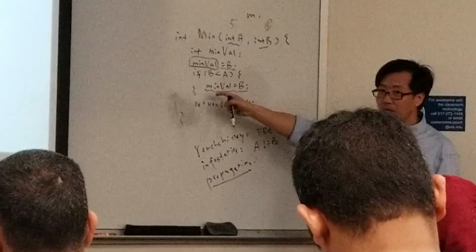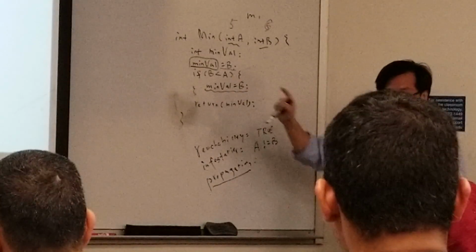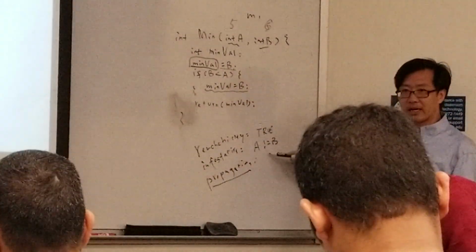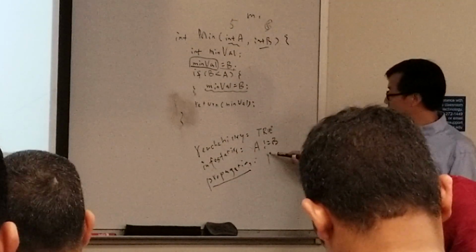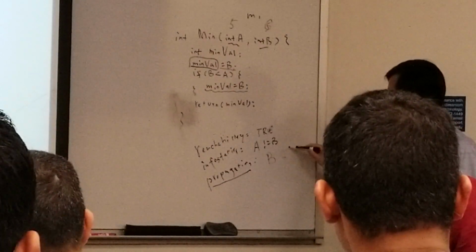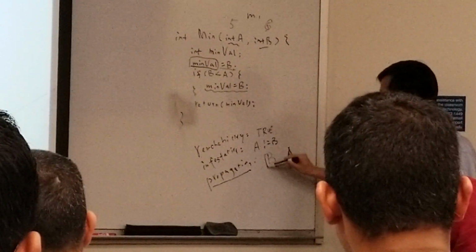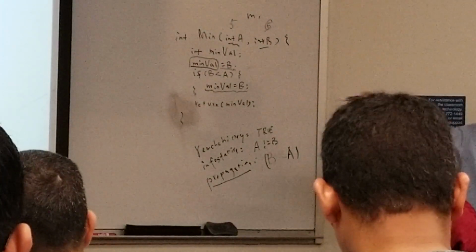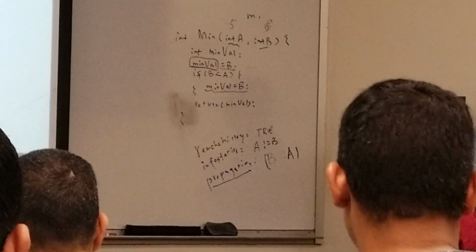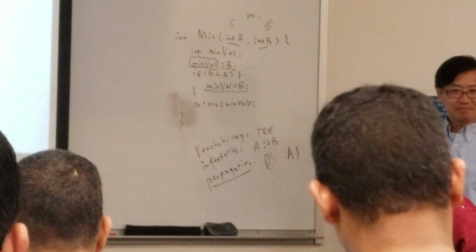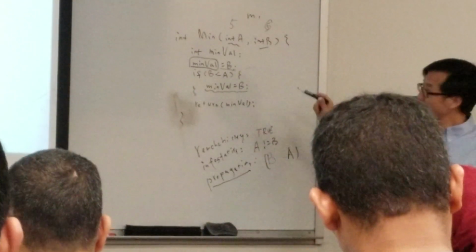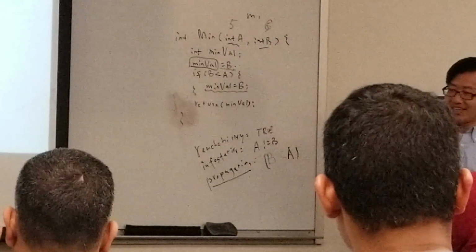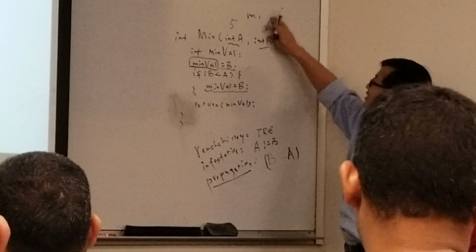So if you want to make sure this statement is not executed, what condition has to be satisfied? Is B bigger or smaller? B cannot be smaller than A, right? Because if B is smaller than A, you're not going to detect the bug.